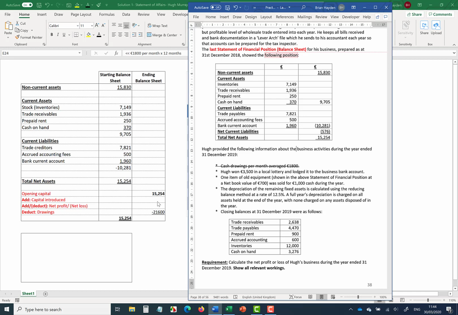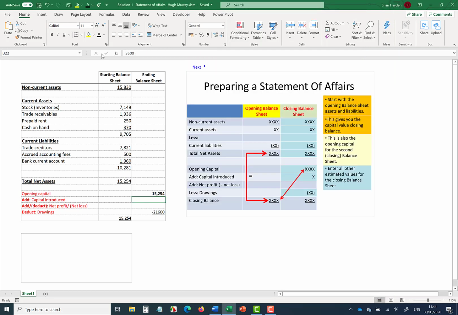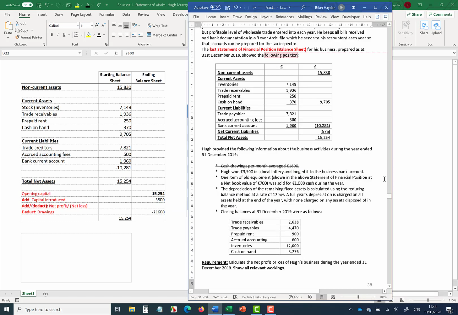So things like winning money and lodging it to the business, or inheriting money, or receiving a gift of money constitutes capital introduced. So 3,500 goes into my capital introduced cell. So that one is now dealt with, strike that out.